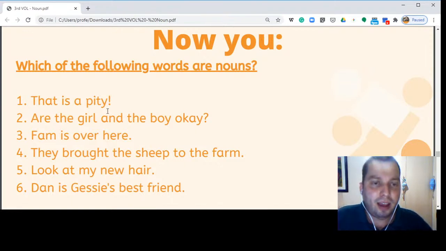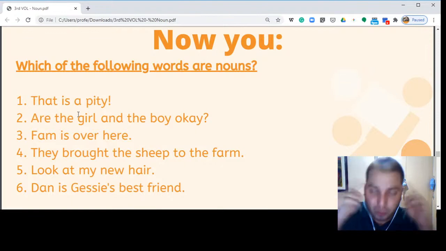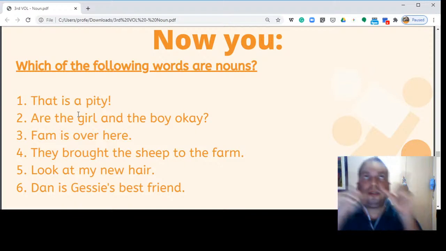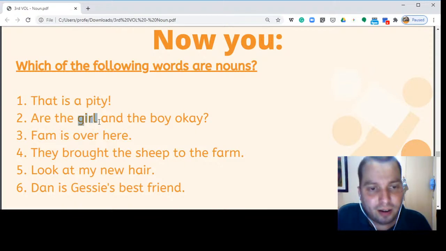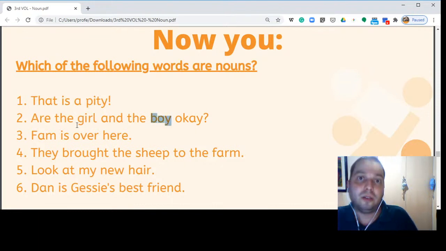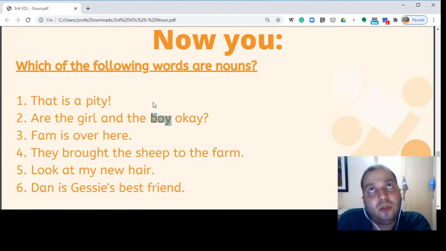But in this case, we have "the" and "the," so this is a little bit easier to identify, if you remember an article and a noun, okay? So just remember, girl and boy in this case are nouns, okay? And "okay" in this case is related to adverb. We're gonna talk about it later on as well, okay?